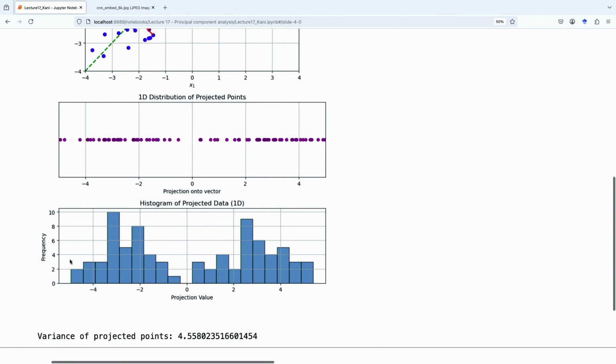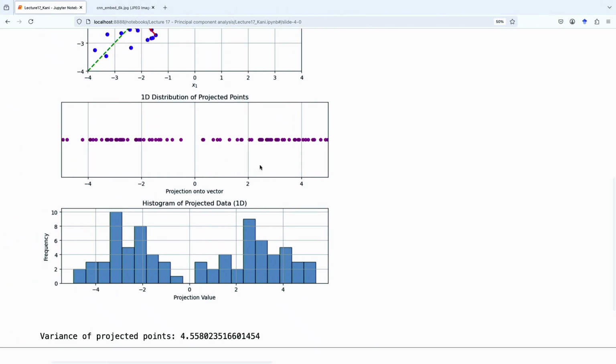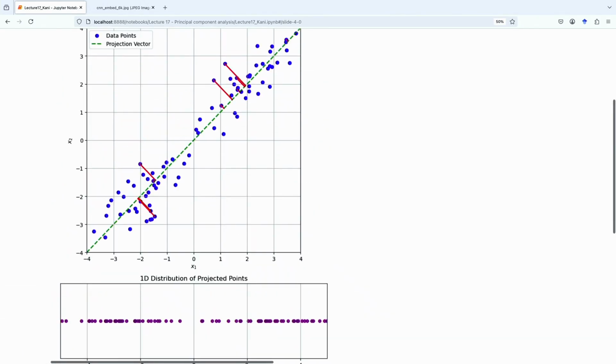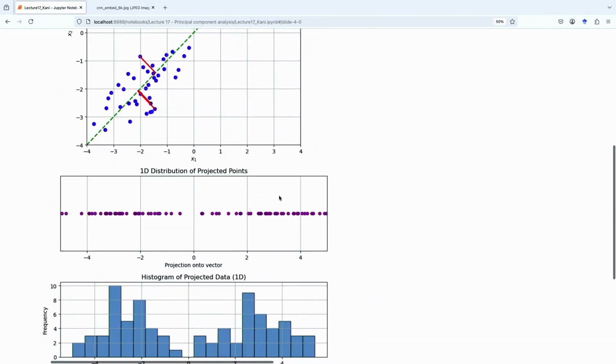We are left with something like this, which is the representation of the 2-dimensional data as a one-dimensional object, okay?